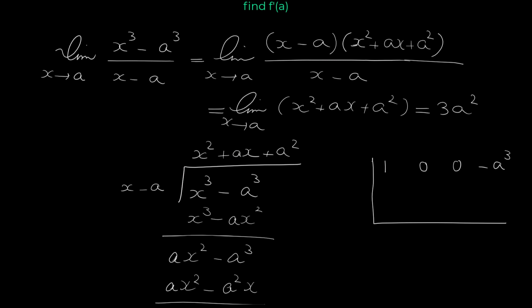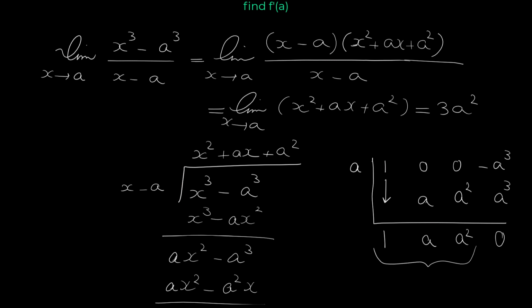And because we want to divide by x minus a, we put only a here. This drops here, 1 times a is a. We add these, a times a is a to the 2, 0 plus a to the 2 is a to the 2, a to the 2 times a is a to the 3. If you add negative a to the 3 and a to the 3, it would be 0.